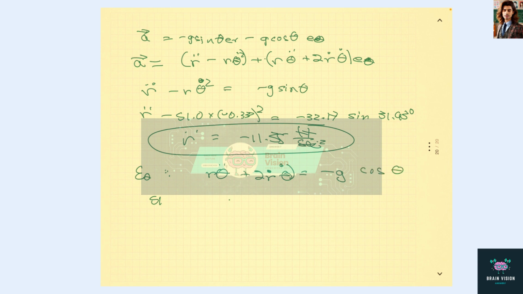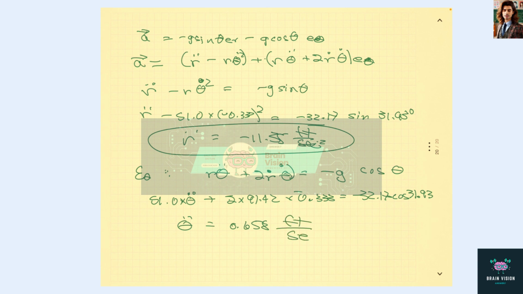This will be 51.0 θ̈ plus 2 times 91.42 times negative 0.333 equals negative 32.17 times the cosine of 31.93. There we go. And this will give me θ̈ equals 0.658 radians per second squared.